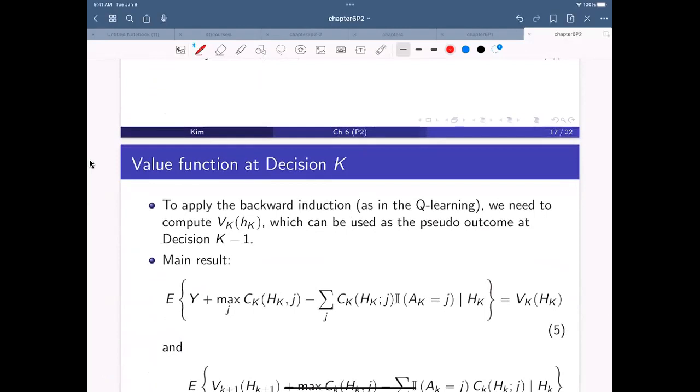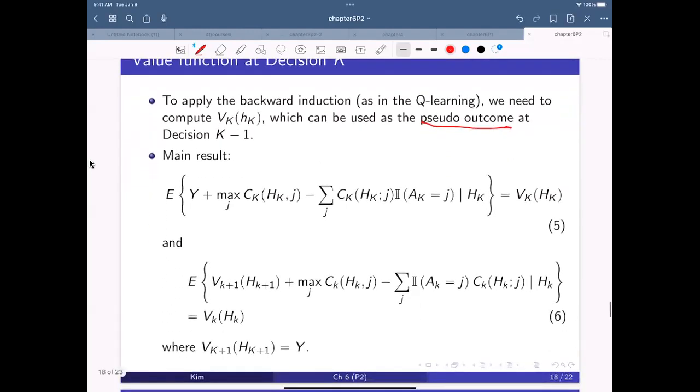We need to compute the value function because this one plays the role of the pseudo outcome, right? So we want to use it to do the next step estimation. So how do we compute it? This is the key formula.